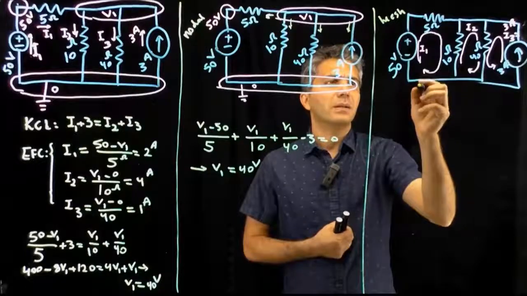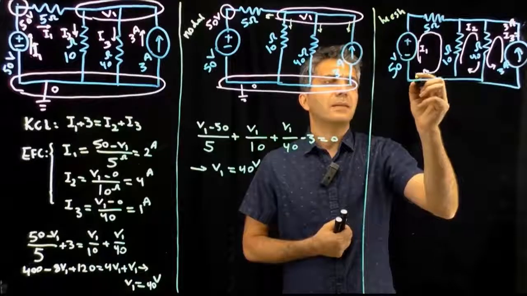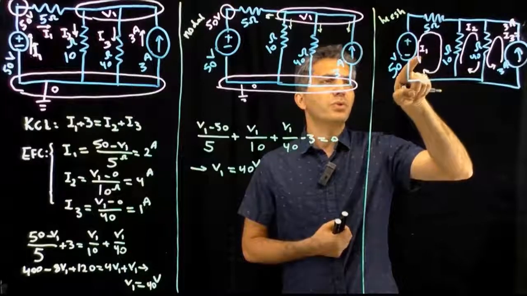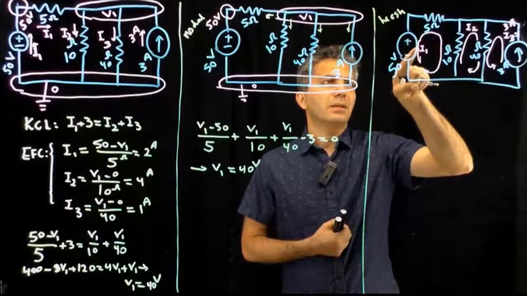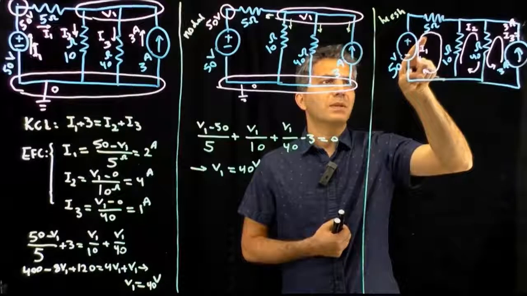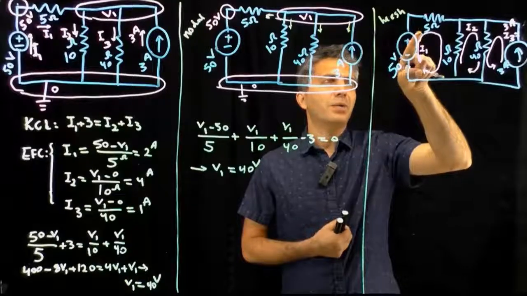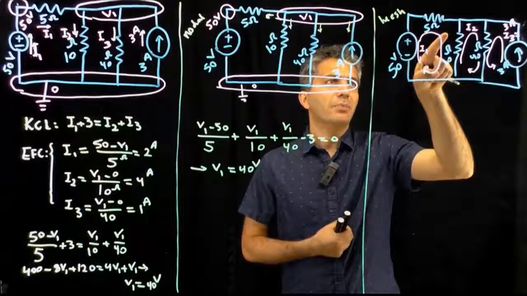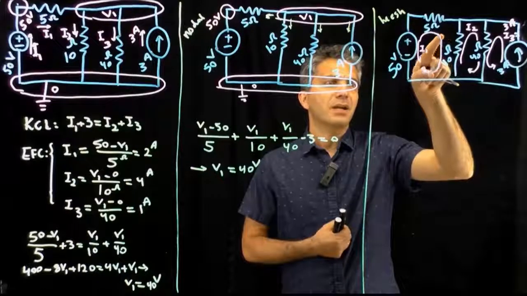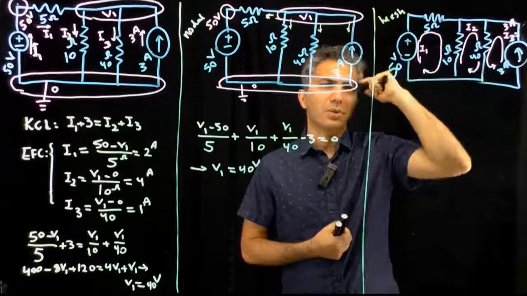So let's assume that every time that I lose a potential, I put a negative sign, and every time that I gain a potential, I put a positive sign.